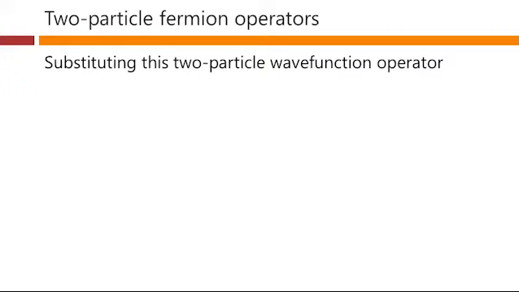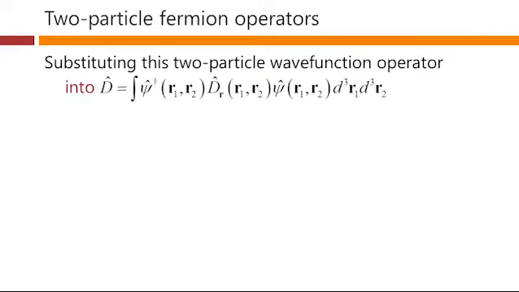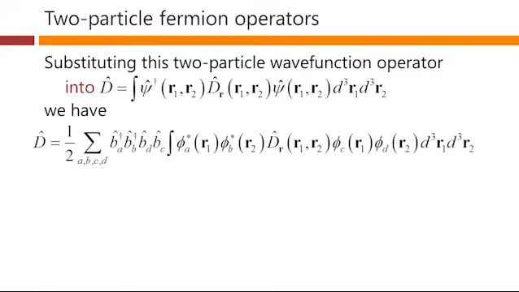Well, substituting this two particle wave function operator into this expression here, we would have the following set of terms. Our annihilation operators from this two particle wave function operator and our creation operators from the adjoint, this two particle adjoint wave function operator, would give us this set that we would take out of the integral.